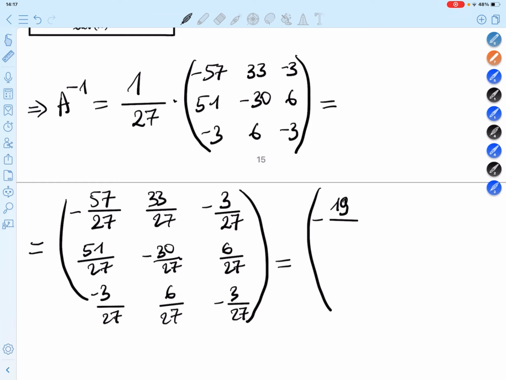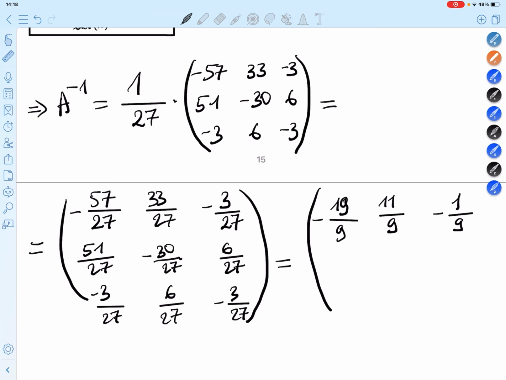Then 27 divided by 3 would give me 9. Then 33 divided by 3 would give me 11. 27 divided by 3 would give me 9. 3 divided by 3 would give me 1. Then 27 divided by 3 would give me 9.